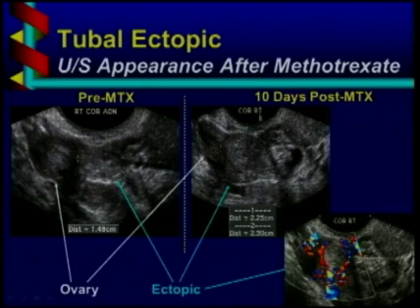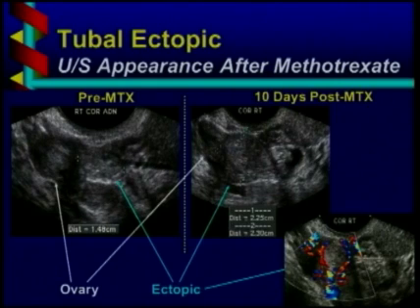This is 10 days later. It's quite vascular. So it would be a mistake to say this has grown and therefore methotrexate treatment that was given initially failed. You should give it again or go in and do surgery or laparoscopy. This is the typical appearance, not the appearance of failed methotrexate, but the typical appearance after methotrexate.